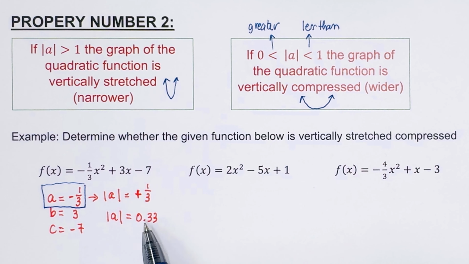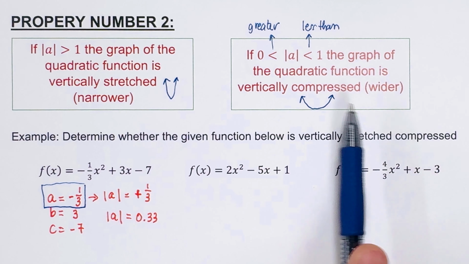this function right here? Should it have a narrower graph or wider graph? It's going to be wider, because the number falls between approximately 0.1 and approximately 0.9.